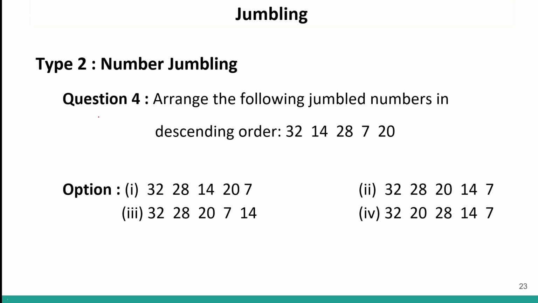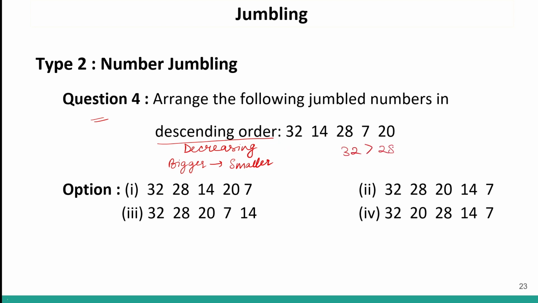Now, question number 4. We have to arrange the following jumbled numbers in descending order. Descending means decreasing, which means bigger to smaller. So the biggest number over here is 32.